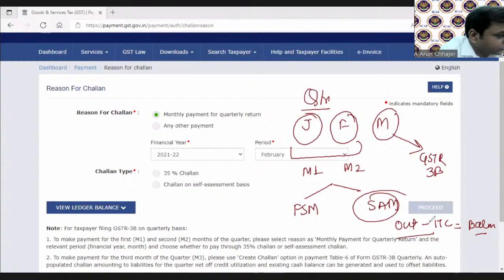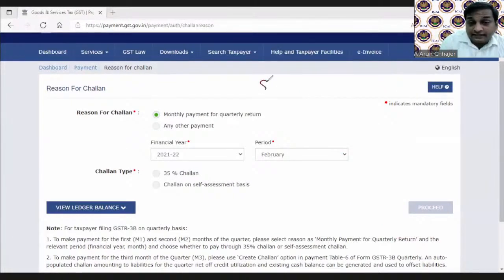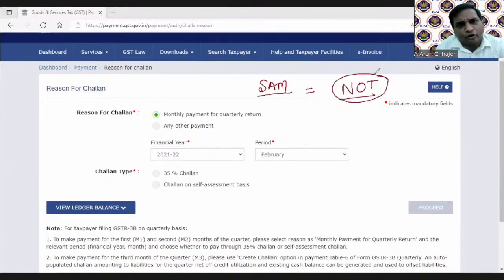When there is no liability in month 1, is it possible that in the self-assessment method I am not required to pay anything? Sir, possible. There is no sale, so not required to pay.